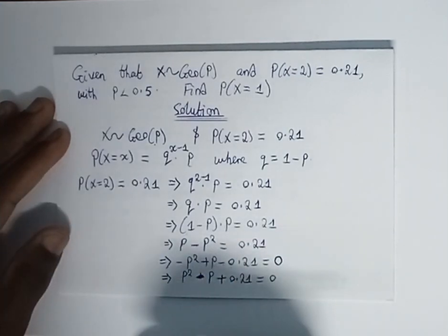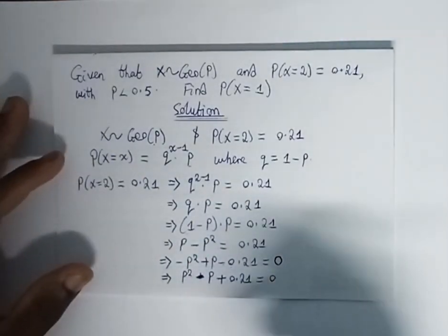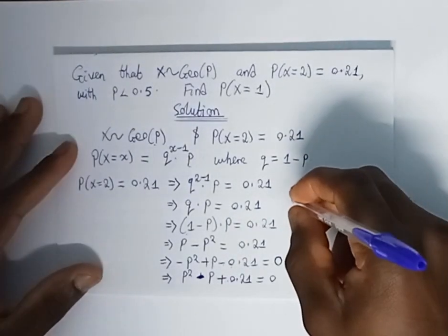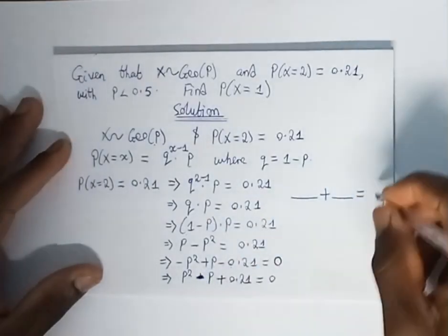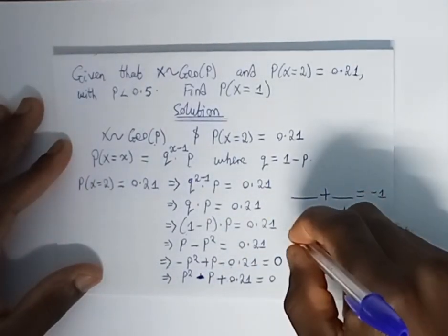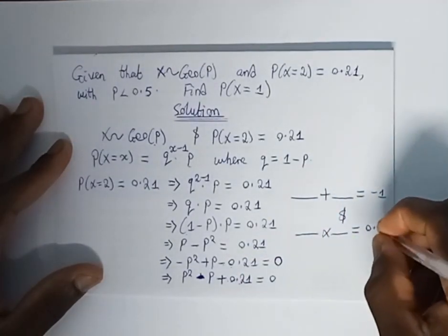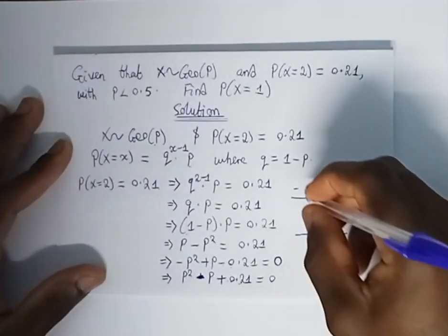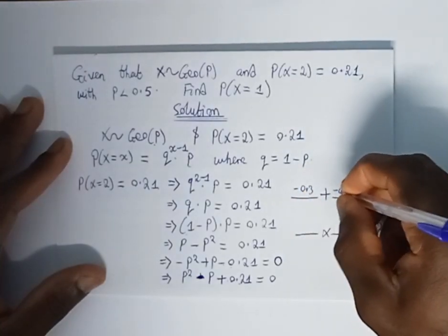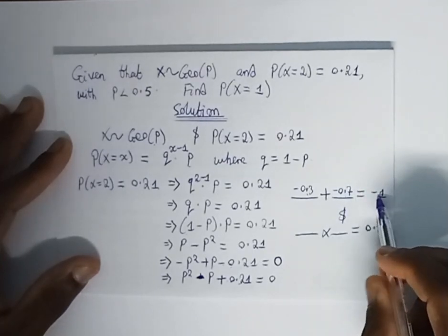This is a quadratic equation which we can solve by the method of factorization. The first step, we need to start by finding two numbers whose sum is equal to the coefficient of P, which is negative 1, and whose product is equal to 0.21. You'll see that if we make use of negative 0.3 and negative 0.7, negative 0.3 plus negative 0.7 gives us negative 1.